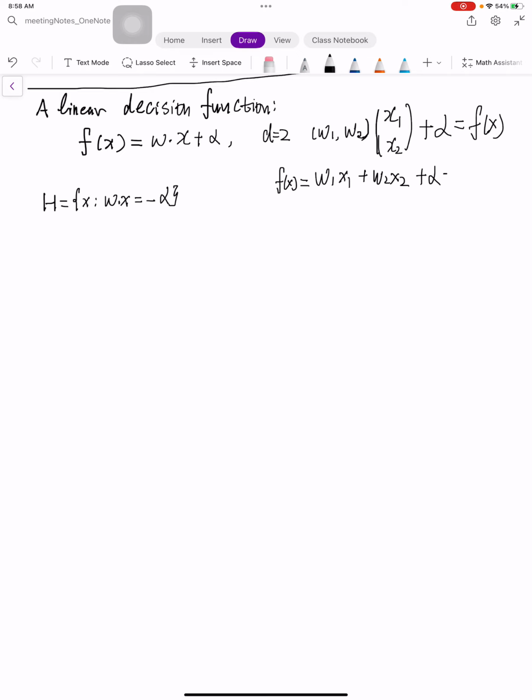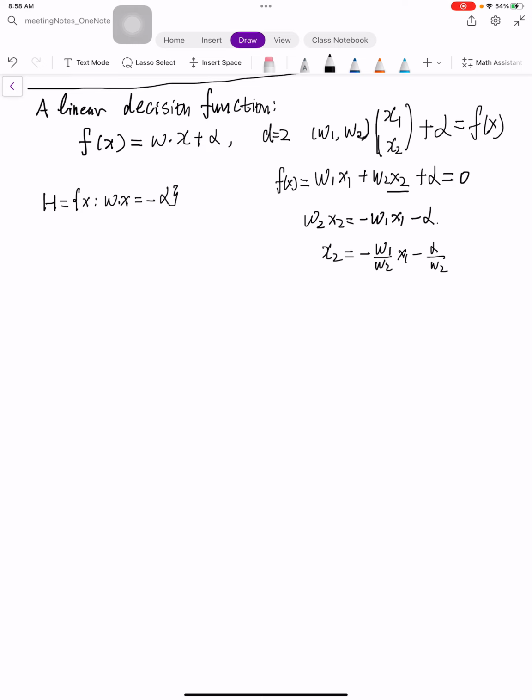Because if we set this equal to 0 and solve for x2, w2 x2 equals negative w1 x1 minus alpha, and x2 equals negative w1 over w2 times x1 minus alpha over w2.